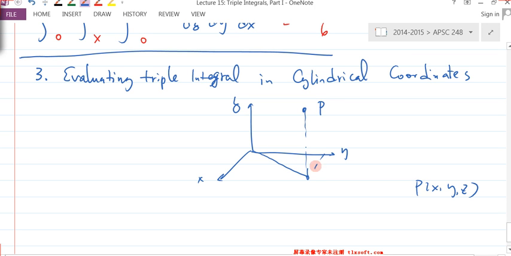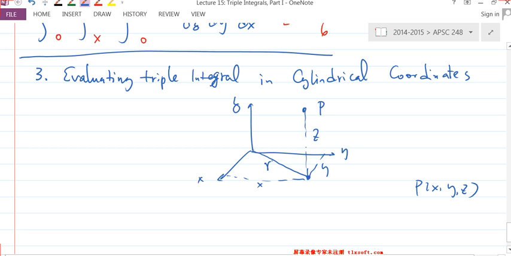This is the x, this is the y, and this is the z. Then we connect the origin to this projected point here. When you connect to here in the xy plane, we can call that r. That's basically part of the polar coordinates.